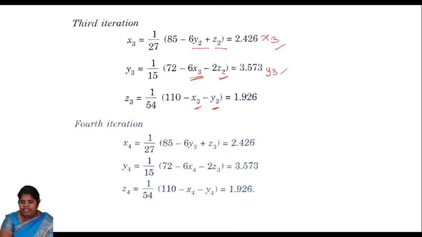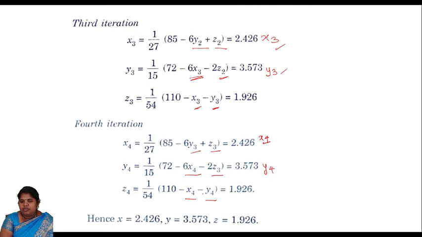Similarly, fourth iteration. Y3 and z3 to find x4. Now, substitute this x4 here itself. So, with x4 and z3 we get y4 as 3.573, and z is 110 minus the next found values x4 and y4. So, substitute x4 and y4 for x and y to find z4.